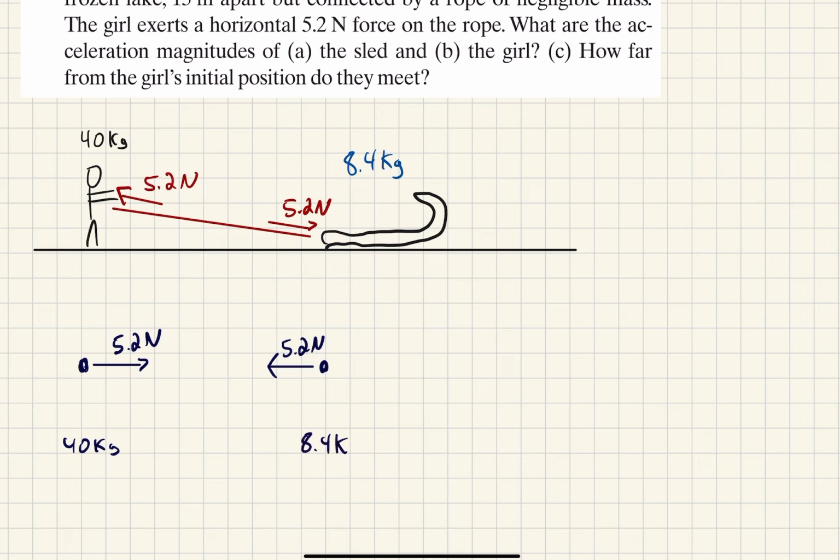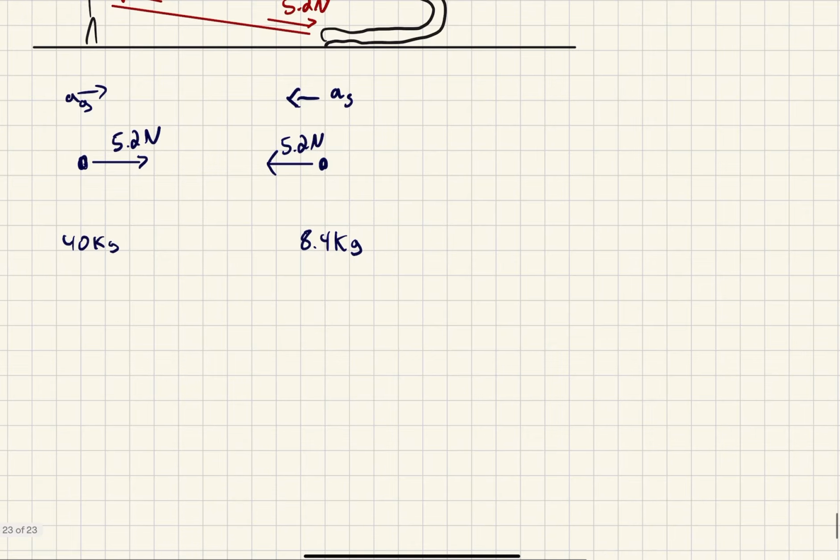The sled is 8.4 kilograms. So that is going to have an acceleration, I'll call it acceleration of the sled, and this girl is going to have an acceleration, I'll call it acceleration of the girl, and we can use Newton's second law to figure out what that is.